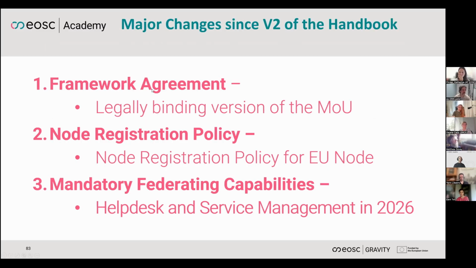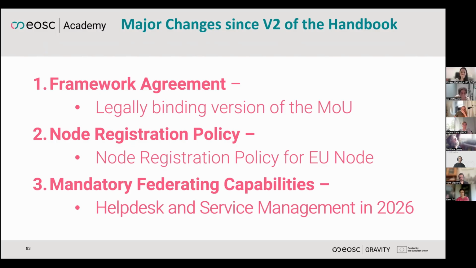So there's the framework agreement. This is work that has happened already, and now there's a final draft which is under agreement. It's similar to the Memorandum of Understanding, but it's legally binding.